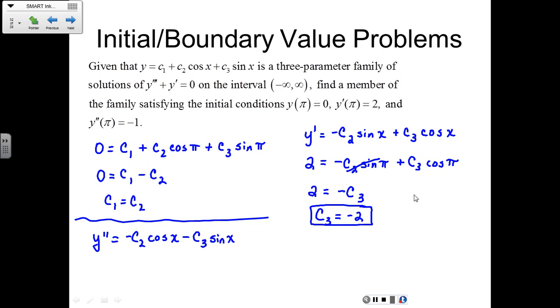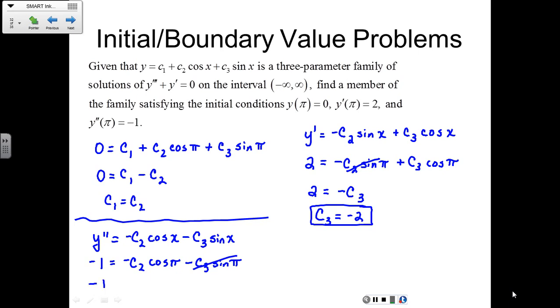And they told us that y double prime of pi is equal to negative 1. So negative 1. I could go ahead and put a negative 2 in for that C3, but I'm just going to do it the way it is. So that's going to be negative C2 cosine of pi minus C3 sine of pi, which we know goes to 0 anyway.